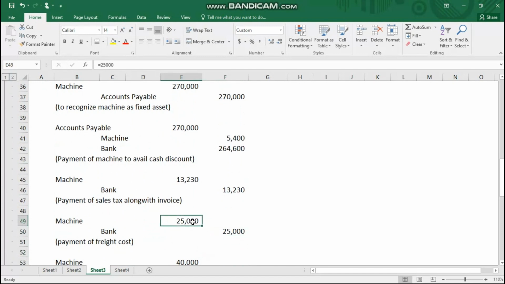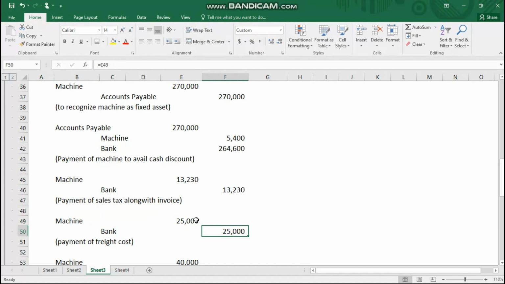And my fourth entry would be regarding the freight cost. So this freight cost will become part of the cost of the machinery. So I debited the machinery fixed asset account and I will credit the bank account because the payment is made from the bank.